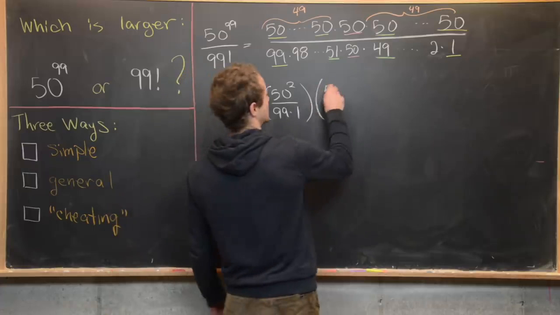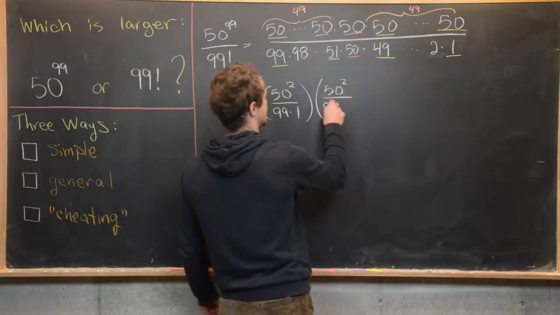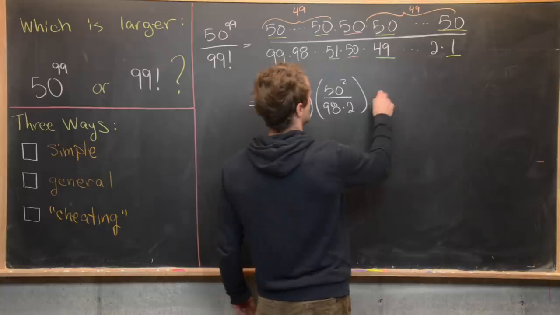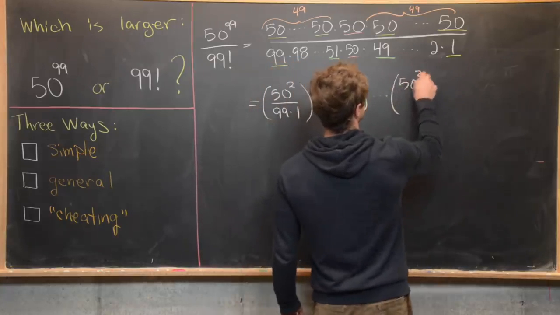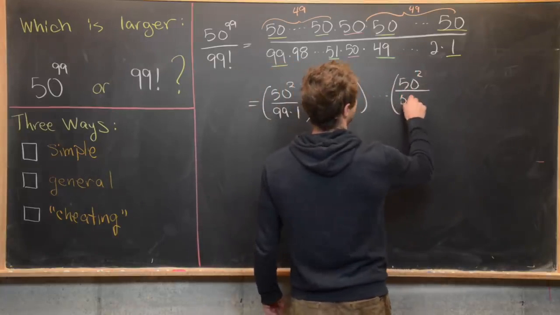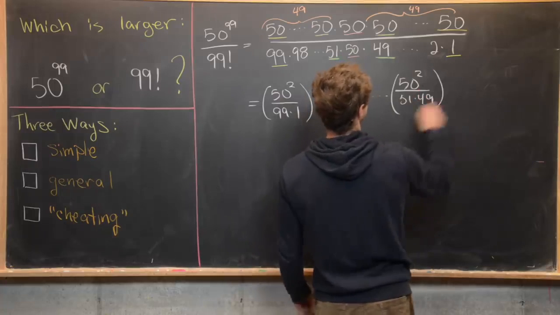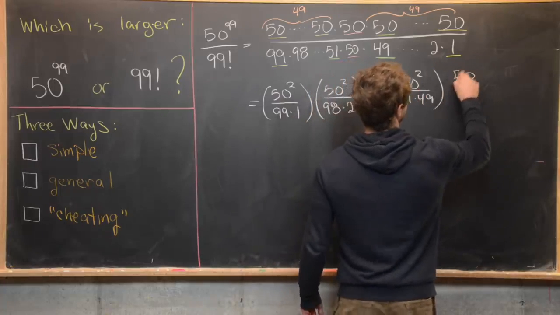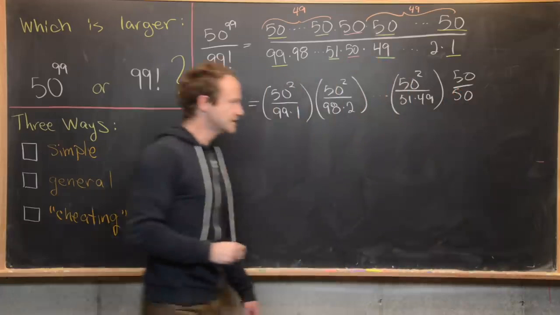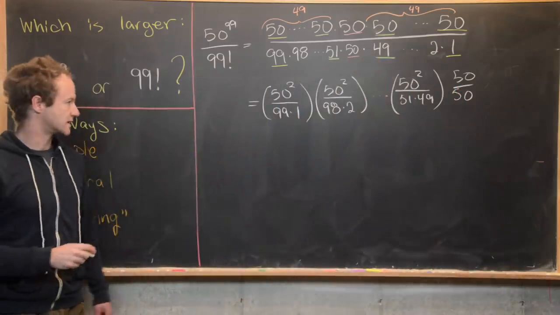Then next we have 50 squared times 98 divided by 2, all the way down to 50 squared divided by 51 times 49, and finally 50 divided by 50. So we've just reordered that product.